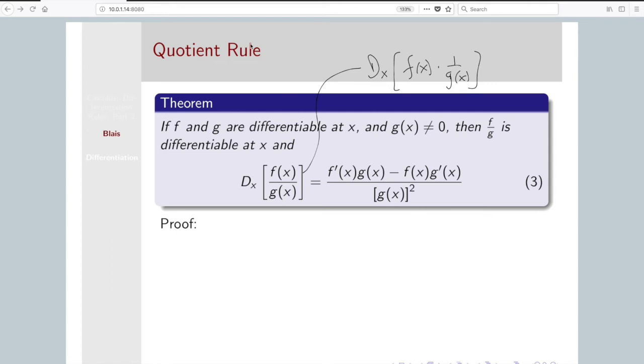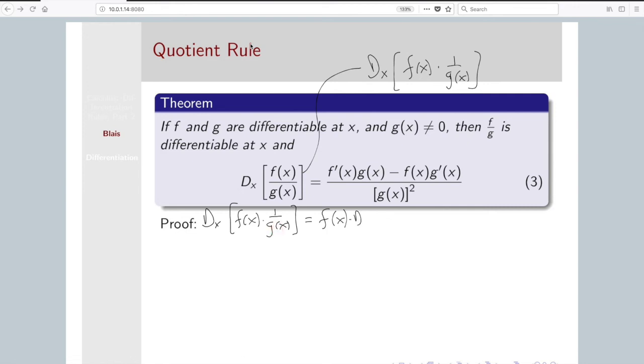So to set this up, we do exactly what we've written above. We're going to look at the derivative of f of x times 1 over g of x, and we use our product rule. Remember, product rule says first times the derivative of the second plus the second times the derivative of the first. So we have first, and to get the derivative of the second, we use our reciprocal rule.